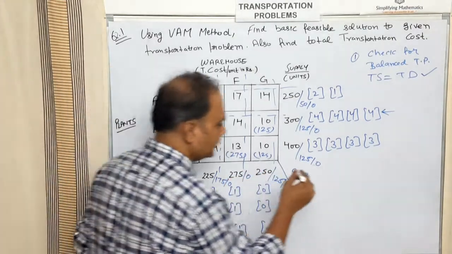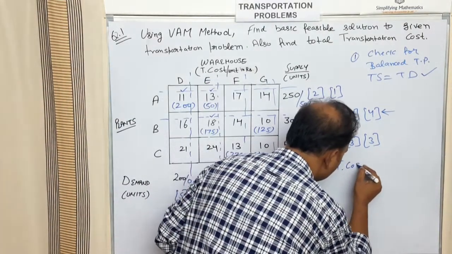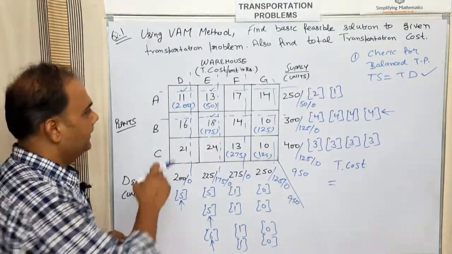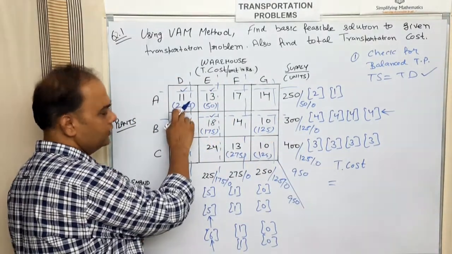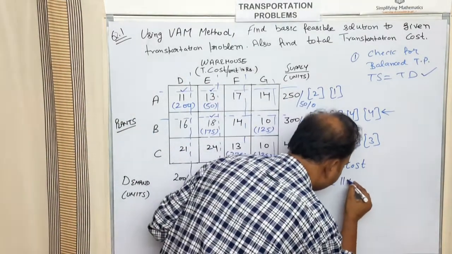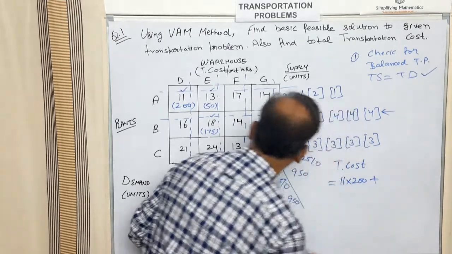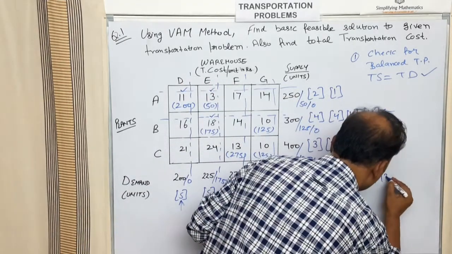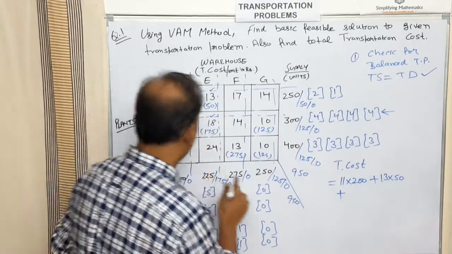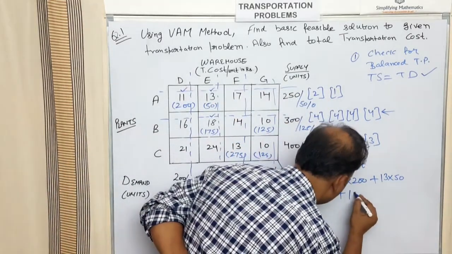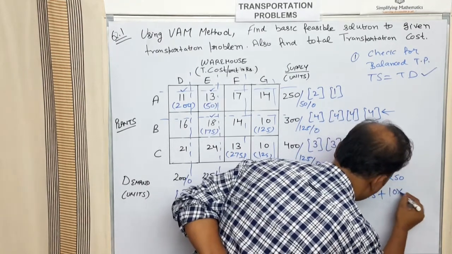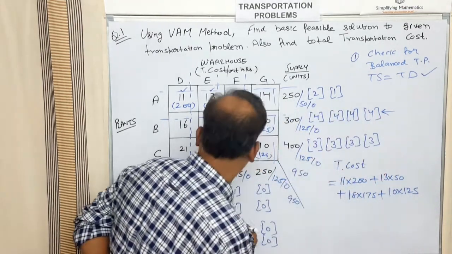So how to find the total transportation cost? You multiply the cost with the units allocated. Now in this cell the units are 200 and cost is 11. So that is 11 into 200, then 13 into 50, 18 into 175, plus 10 into 125.